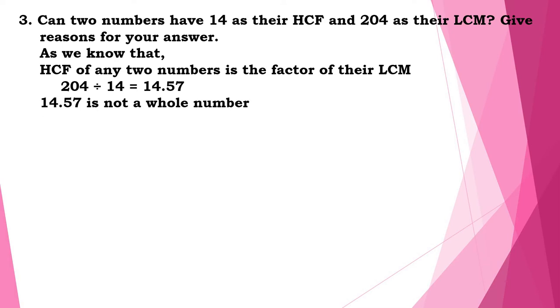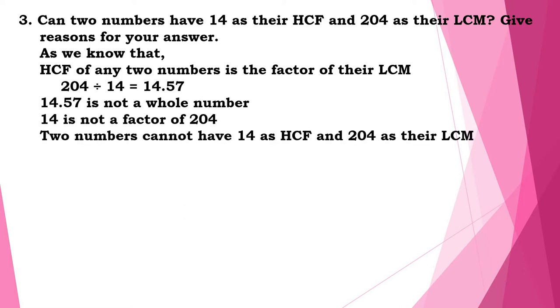That means 204 is not completely divisible by 14, which means 14 is not a factor of 204. Right? So two numbers cannot have 14 as their HCF and 204 as their LCM.